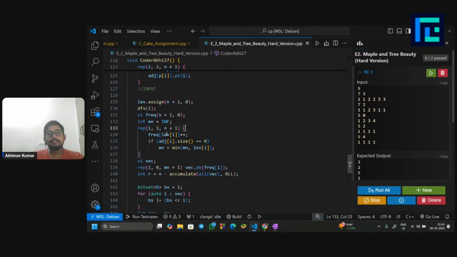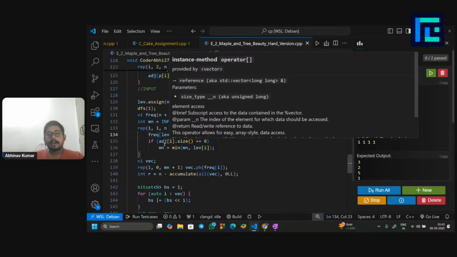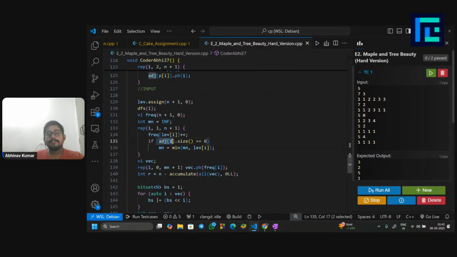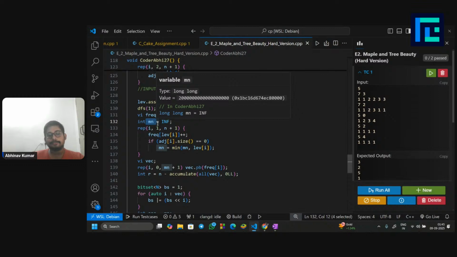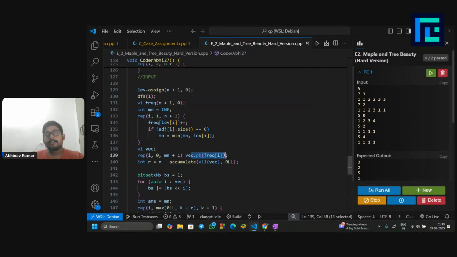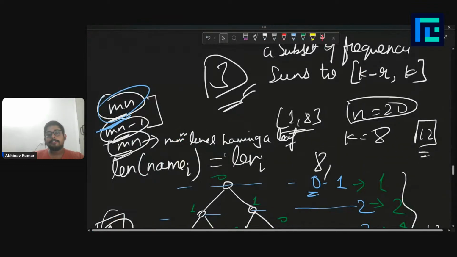So I go to every node. I calculate the frequency for every level. Okay, and for calculating the minimum, if adjacency i dot size is 0, that means i is a leaf node. So for the leaf node, I minimize the levels. Okay, so in mn, I would get the minimum level of a leaf node. Then in my vec, for doing the knapsack, what all frequency I would insert?